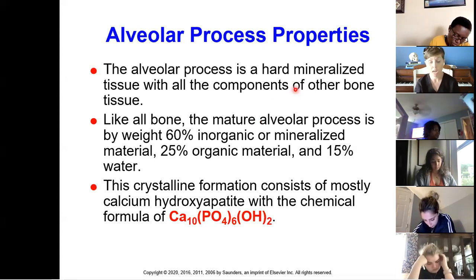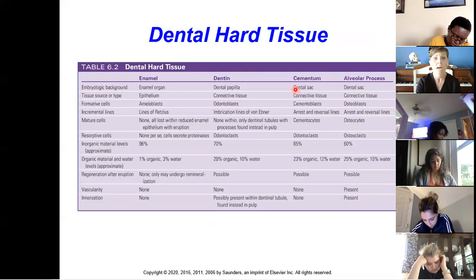Like bone, the mature alveolar process is by weight 60% inorganic or mineralized material, 25% organic, and 15% water. There is the crystalline formation for it, the chemical formula for bone. Again, this table comes in.